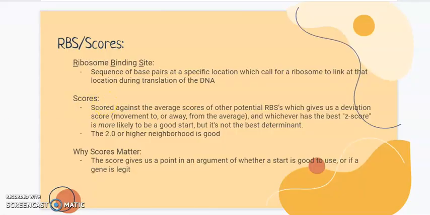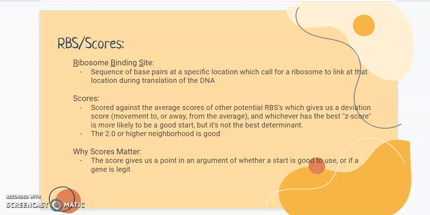Scores. They're scored against the average scores of other potential RBSs, which gives us a deviation score, a measure of how far above or below the average it is. Whatever has the best z-score is most likely to be a good start, but not the best determinant.